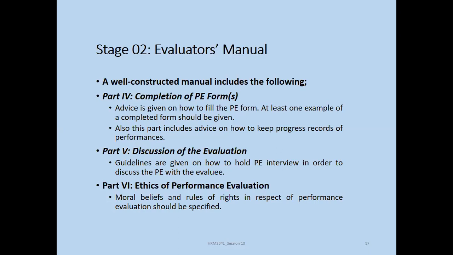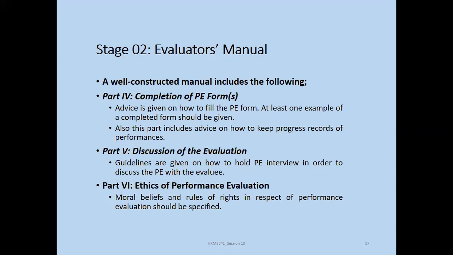Then the last part, we can allocate to give some ethics of performance evaluation. Performance evaluation is a very serious matter. It needs moral qualities. By conducting performance evaluation in a wrong way, we can destroy our right employees.